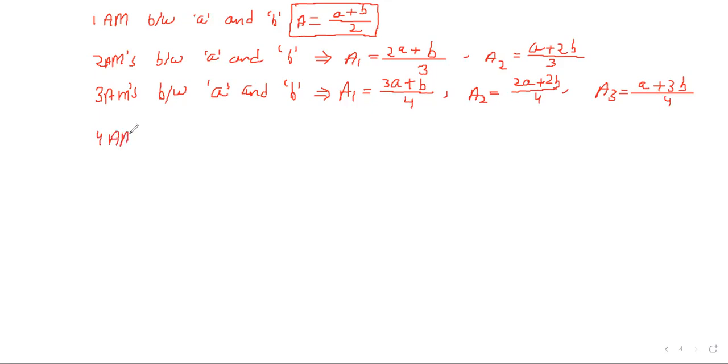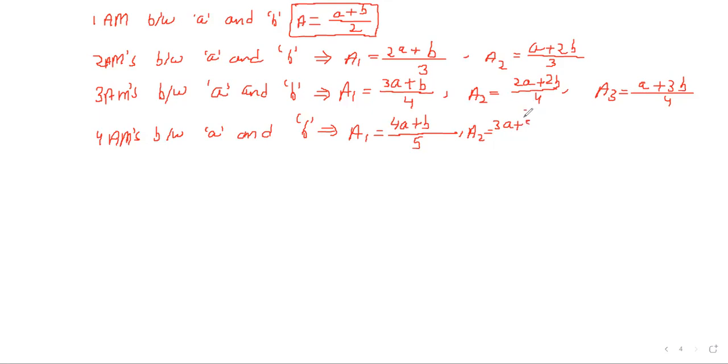Similarly, 4 AMs between A and B will be what? A1 equals to, it will start with 4A plus B, sum of coefficients is 5. Second AM, 3A. Coefficient of A is decreased by 1.